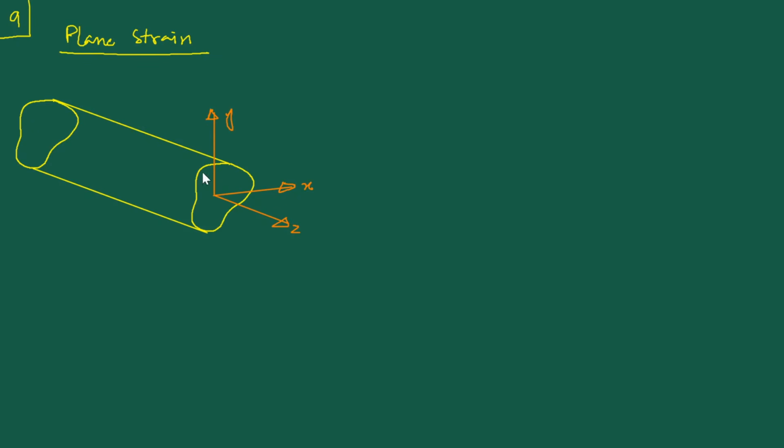Then the loading that is taking place on the lateral surface of this body, lateral means this surface, not this surface or this surface, is not varying along the z direction, so it is uniform along this direction. Furthermore, it has no component along the z direction.